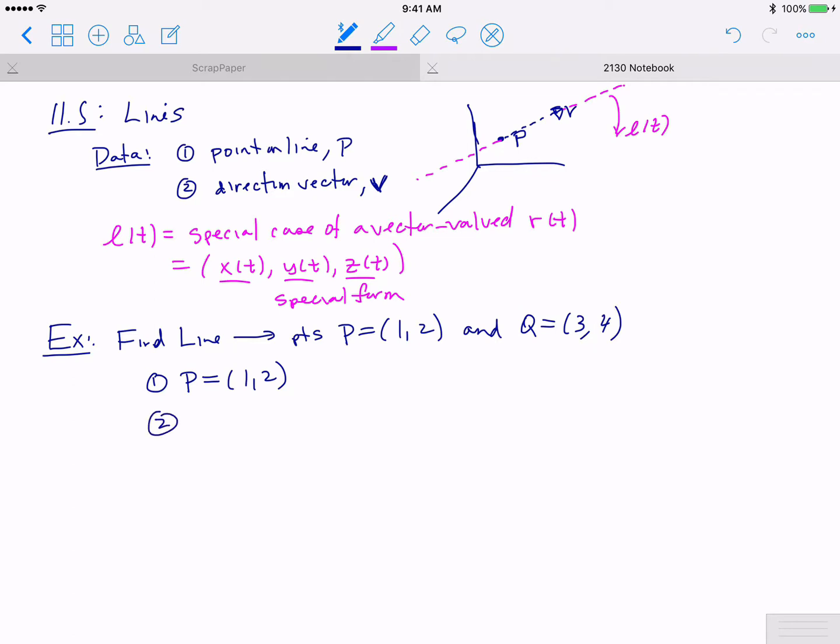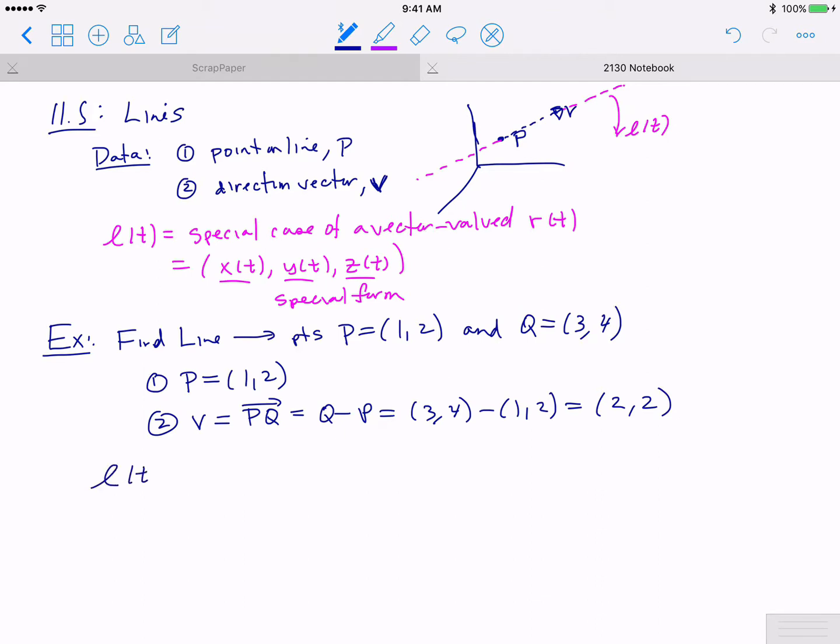For the direction vector V, we need the vector that points from P to Q, which is constructed by doing the difference of the two points. So Q is (3, 4) and the point P is (1, 2), so the difference of these two is (2, 2). There's your direction vector.